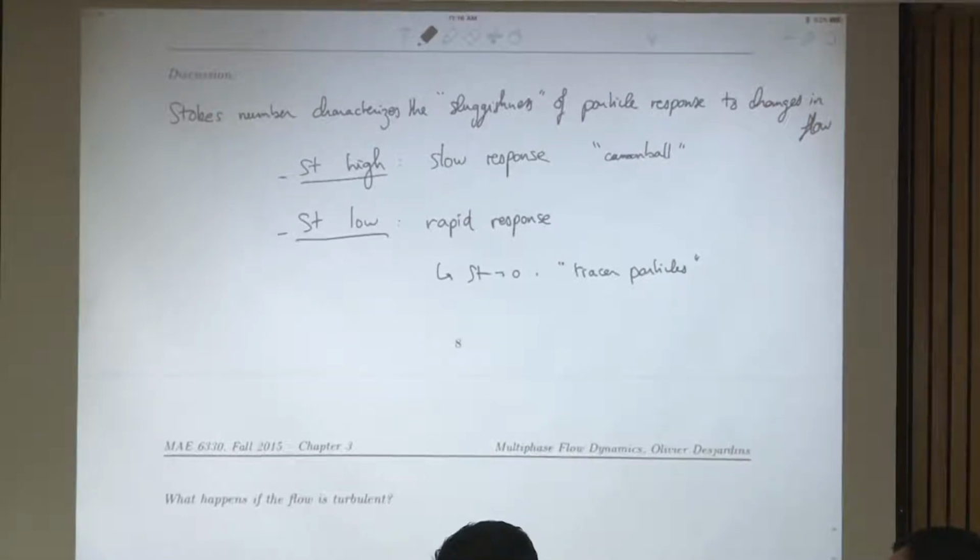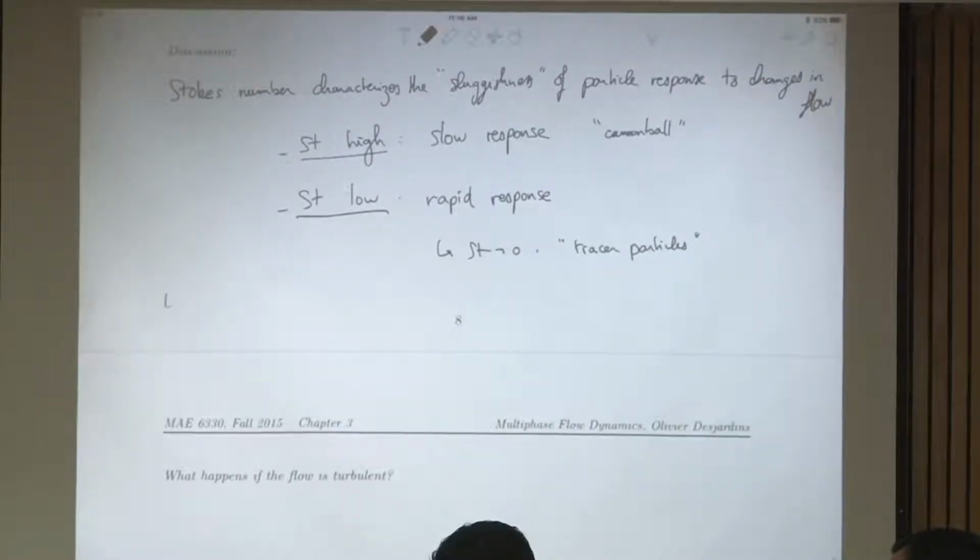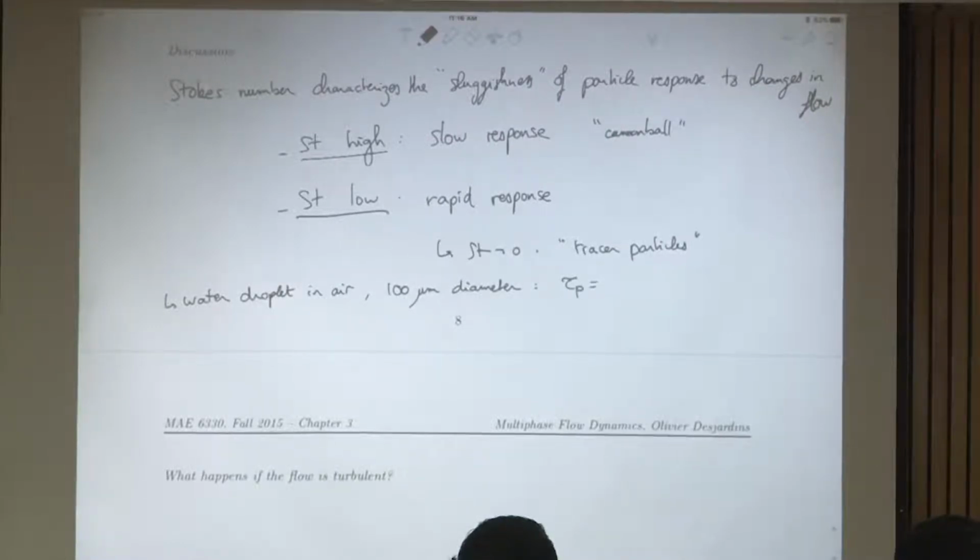You can crunch some numbers. I'll give you one anchor point: if I take a water droplet in air and set its diameter to 100 micron, the corresponding tau p for this droplet is going to be on the order of 30 milliseconds.